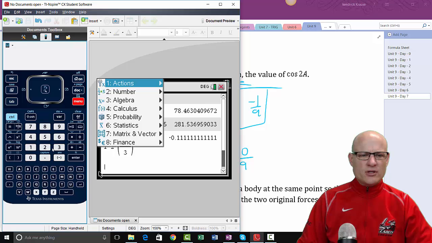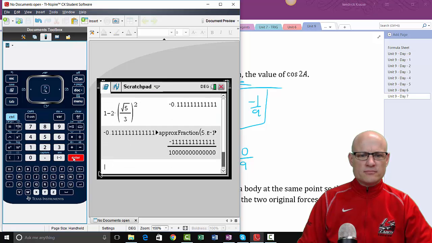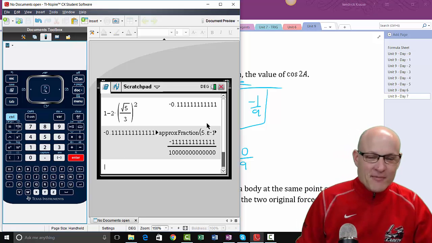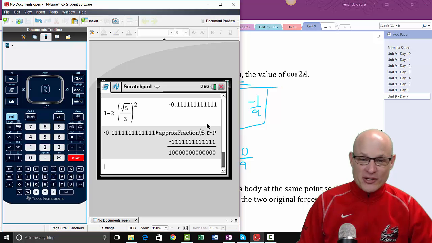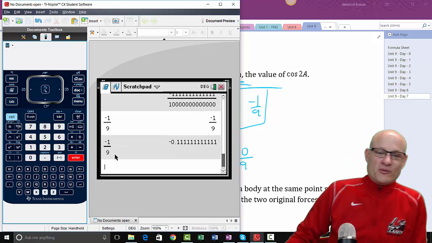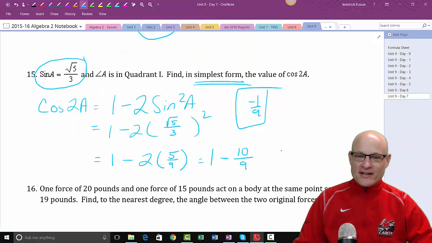Menu, number, approximate the fraction. By the way, if you gave me that as an answer, I would say you're wrong. What you need to do is negative 1 divided by 9, and you get negative 1.11. There's the answer right there.